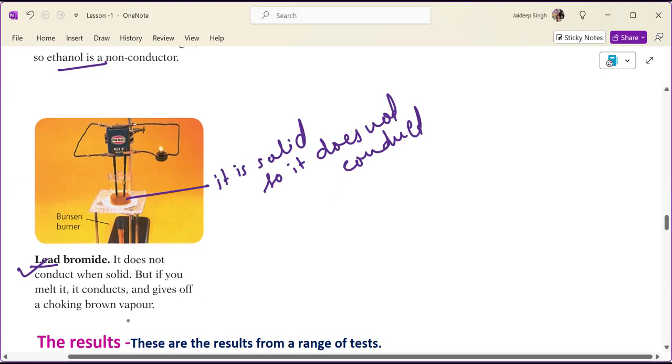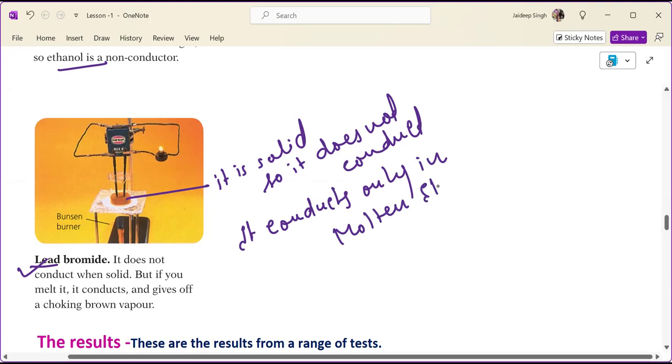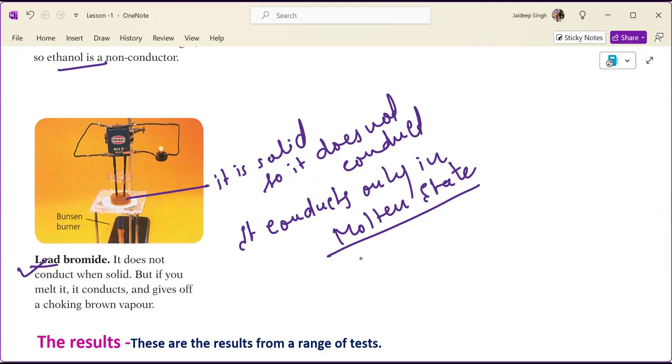It gives off a choking brown vapor when we melt it. When we melt lead bromide, it gives off choking brown vapor. So it conducts only in the molten state, because in the molten state it will dissociate into charges, right?